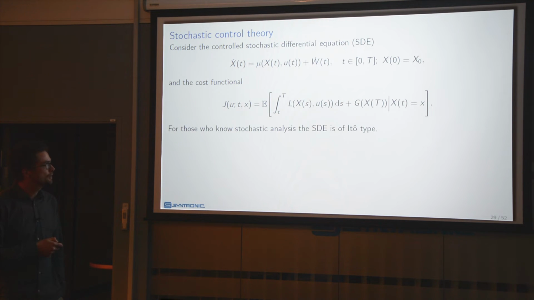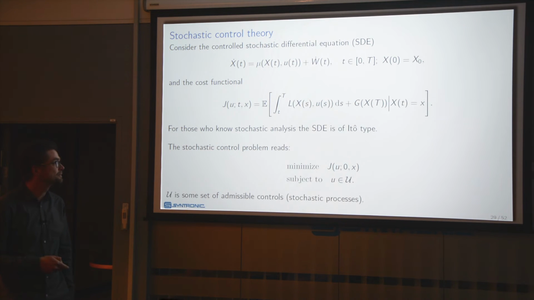And for those of you who know stochastic analysis, this should be interpreted as an Ito integral. So how many here studied a course in stochastic analysis? A few, that's good. And the stochastic control problem reads that we want to minimize the cost over some control in some space of stochastic processes. No details there.